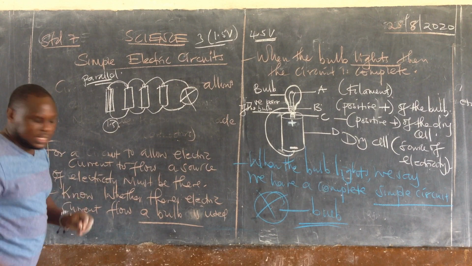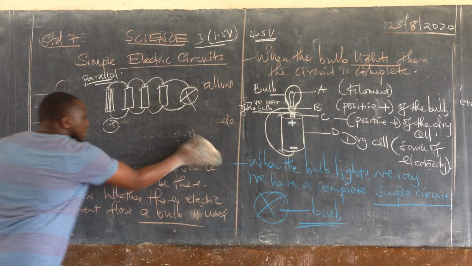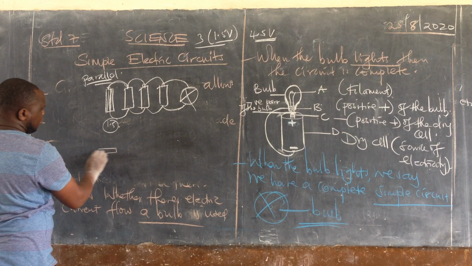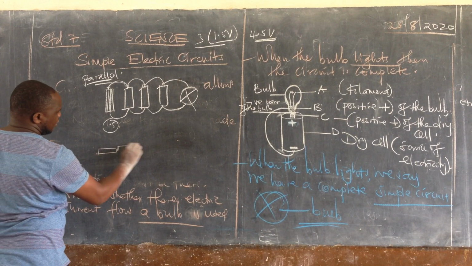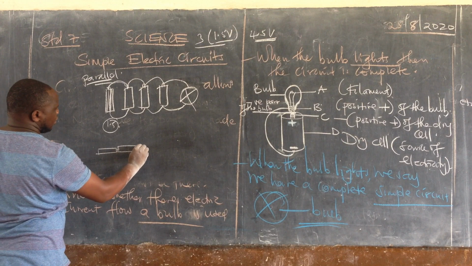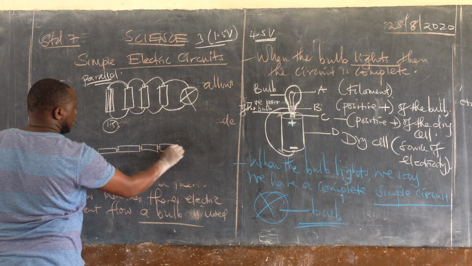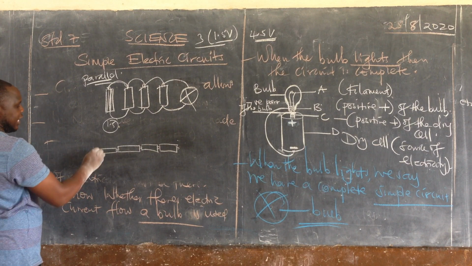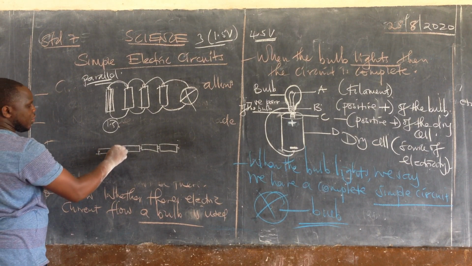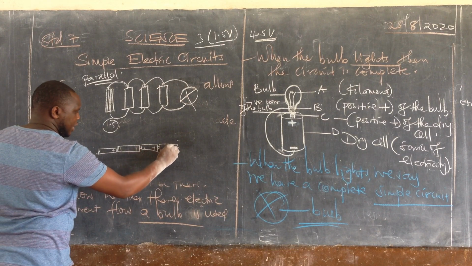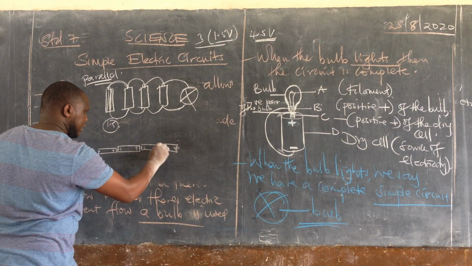If you try to connect this in the other form, that is a series connection, whereby we are assuming there are 4. This is what we call a series connection. Look here, a negative connected to a positive, connected to a negative, positive, negative, positive, this positive and this negative.